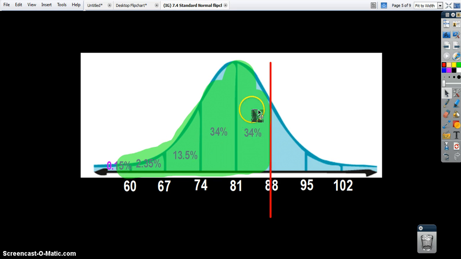So this would really be 68%, which is all that middle area, plus 16, which is 13.5 plus 2.35 plus 0.15. These two add up to 2.5. 2.5 plus 13.5 is 16. And then I have plus 68. So altogether, that is 84%.